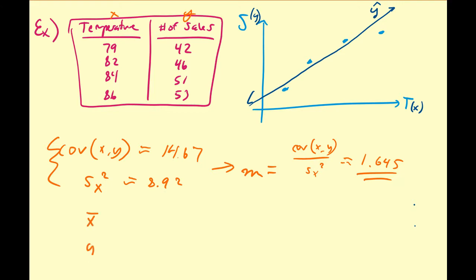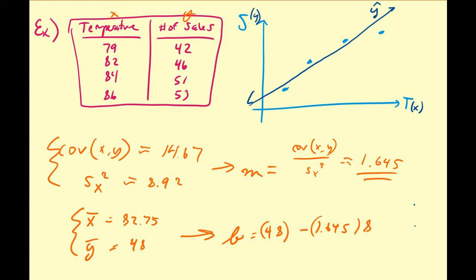You can also find that the y average and the x average are equal to 82.75 and 48. So from these two, you can calculate the line of best fit vertical intercept to be equal to y bar minus m times x bar. So the vertical intercept is going to be negative 88.11.